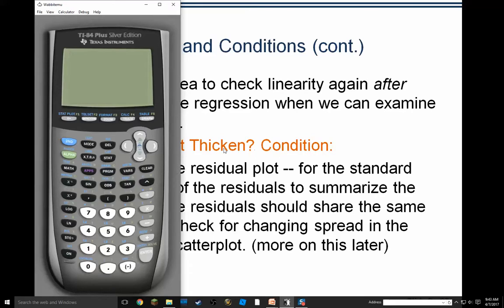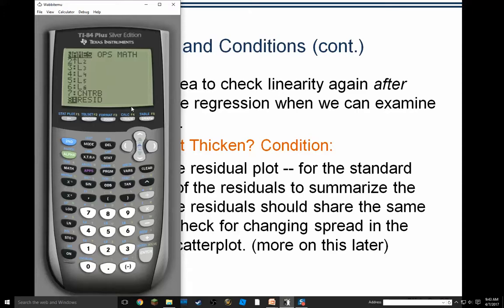When you do the regression command, when you do that linreg command, your calculator saves a list of data for you that is the residuals, right? So if you hit second stat, you come down here to resid. That stands for residuals.